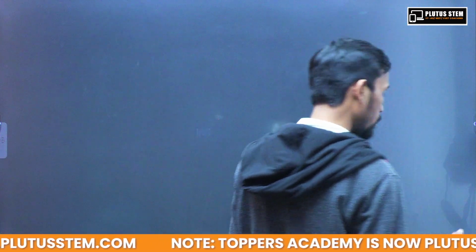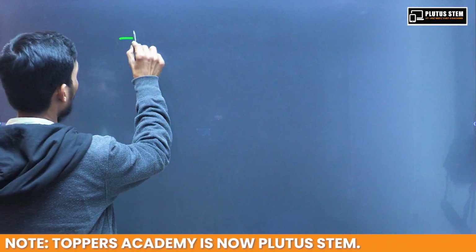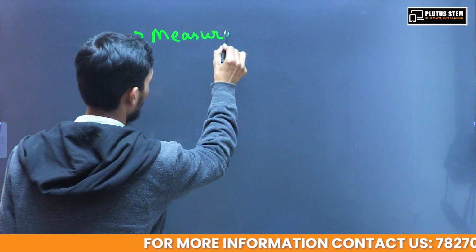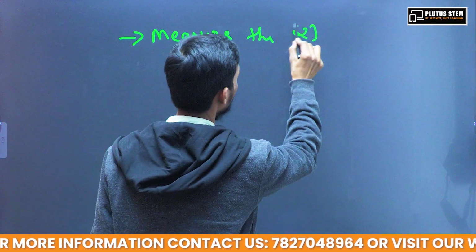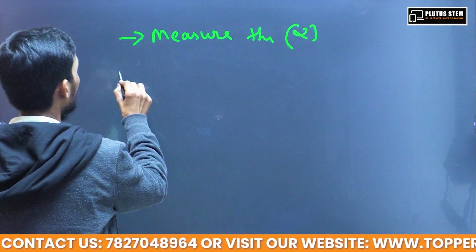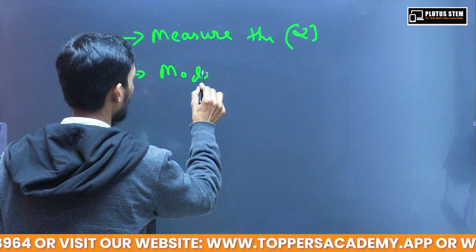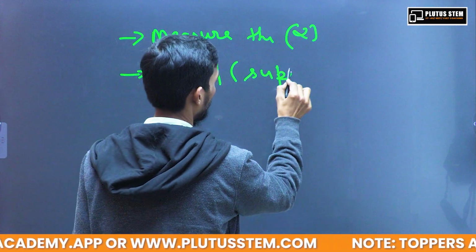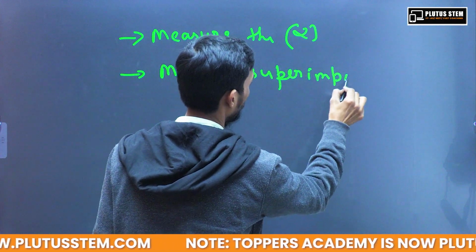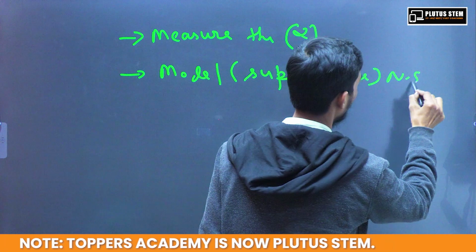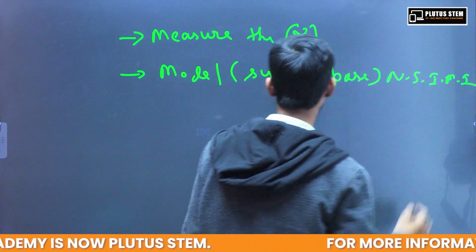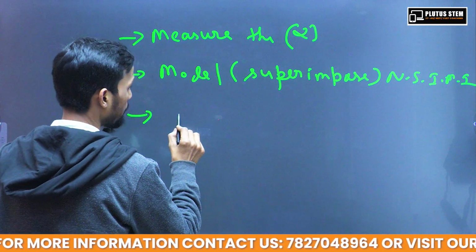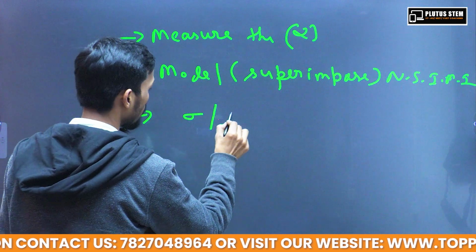So I have told you three things. First, you can practically measure the specific rotation, minus alpha and plus alpha. Second is the model method: you can take both compounds outside and try to superimpose them, looking for non-superimposable mirror images. How do we find these non-superimposable mirror images? The simple trick is that the stereoisomer must not have sigma and i.